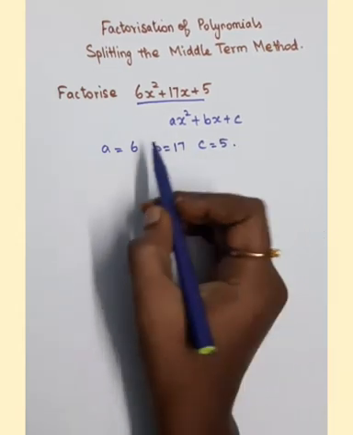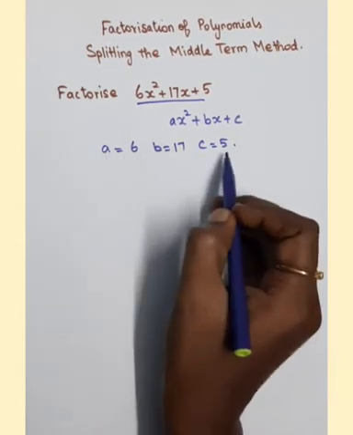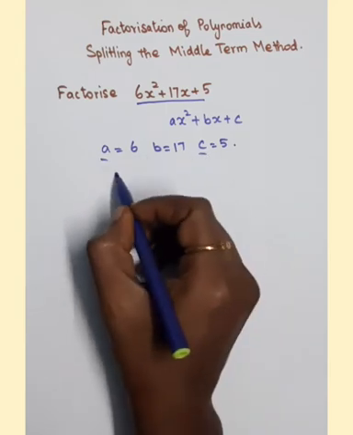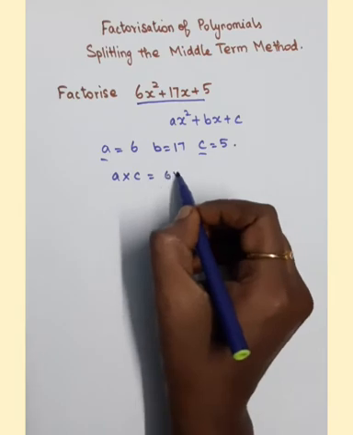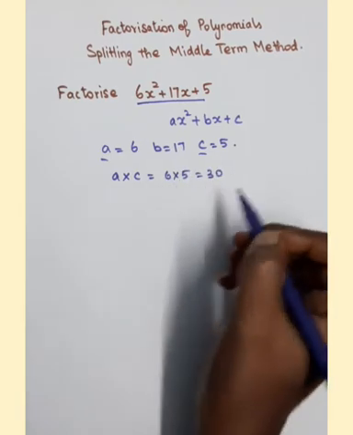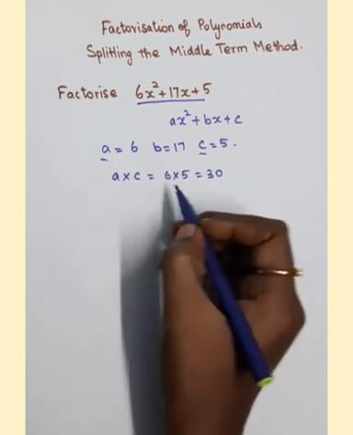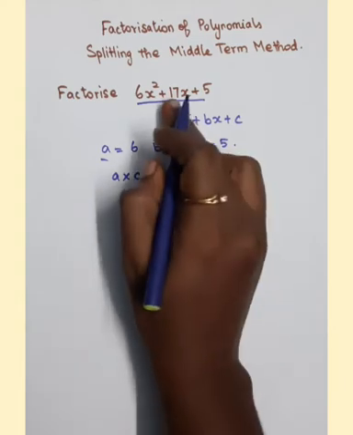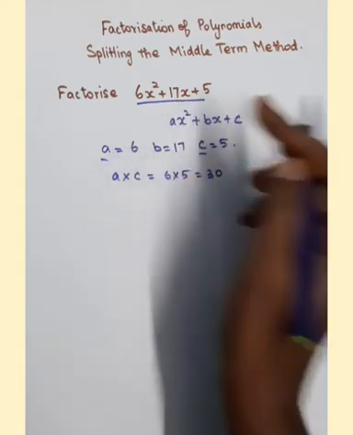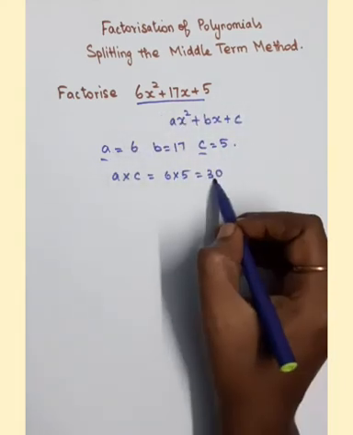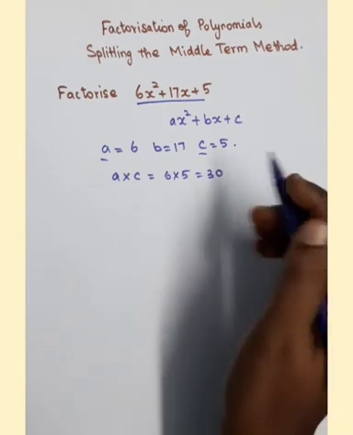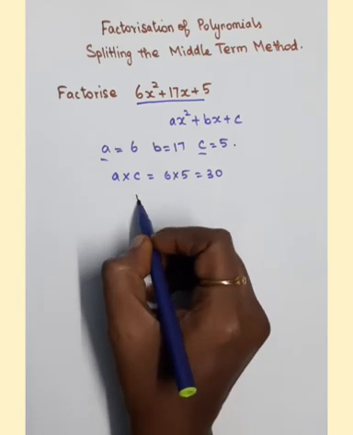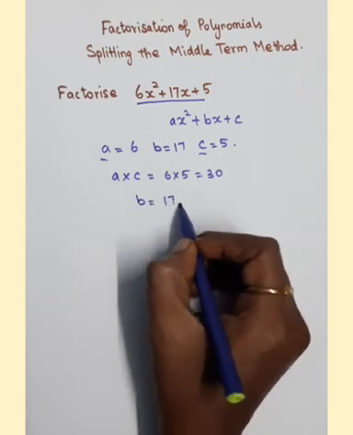Now, find the product of a and c. The product of a and c is 6 into 5, which is equal to 30, and for the two factors we are going to find for 30, if you add those numbers, you should get the answer as 17. So, the sum b should be 17.